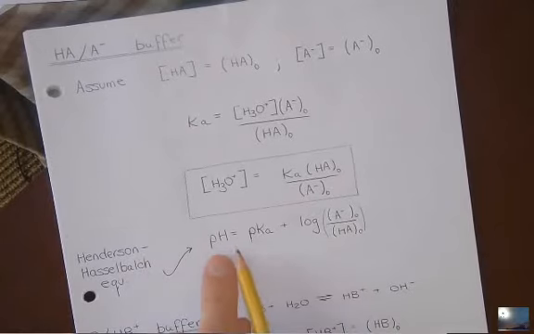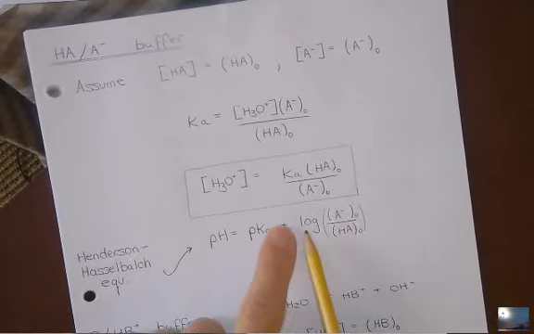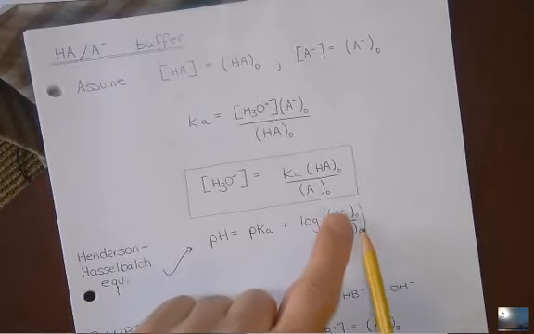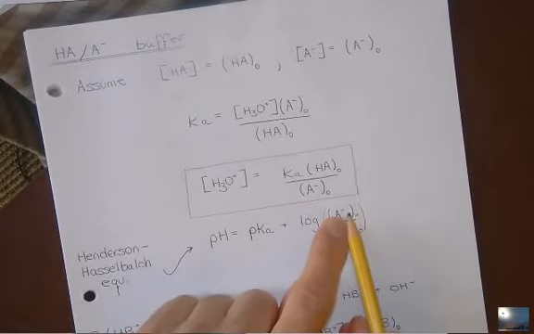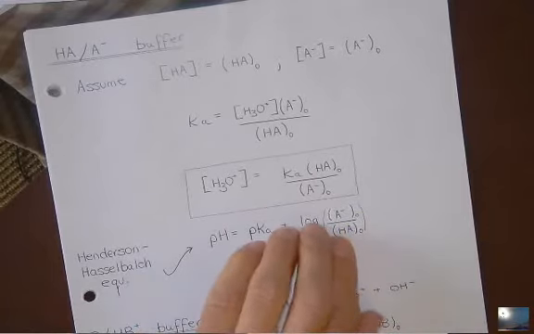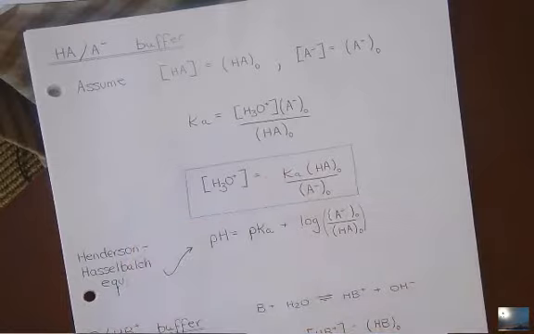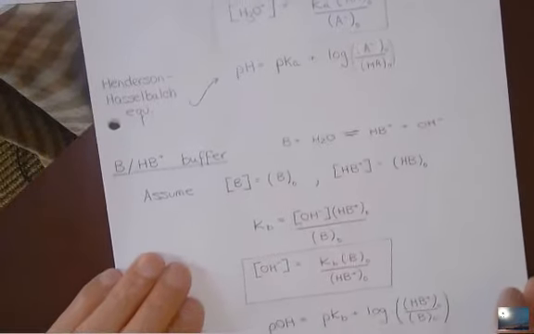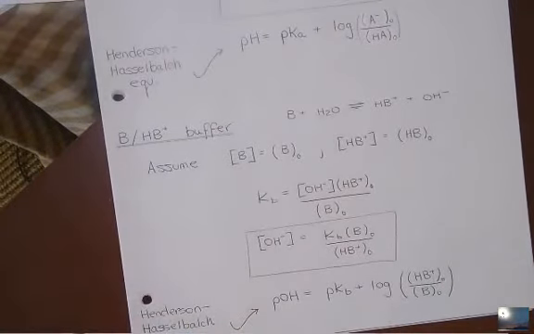So the pH is equal to the pKa plus the log of the conjugate base divided by the acid. These are the initial amounts. They come right out of the question. You don't have to make an ice table. You don't have to do anything. It's right there for you. So some people like this better. Some people like to go back to this. You can do the same thing for the system that we just did, which was one that's naturally a base.